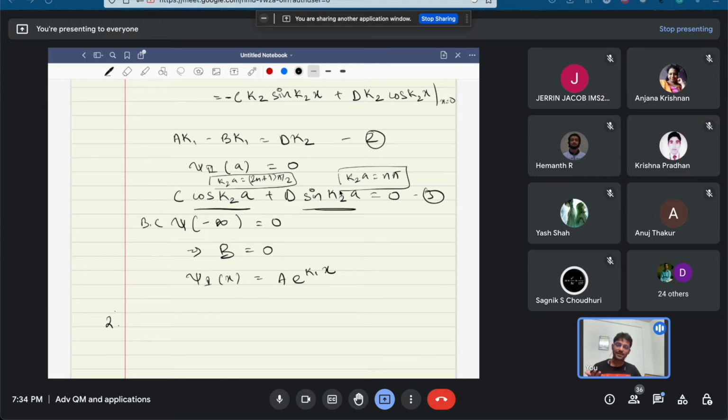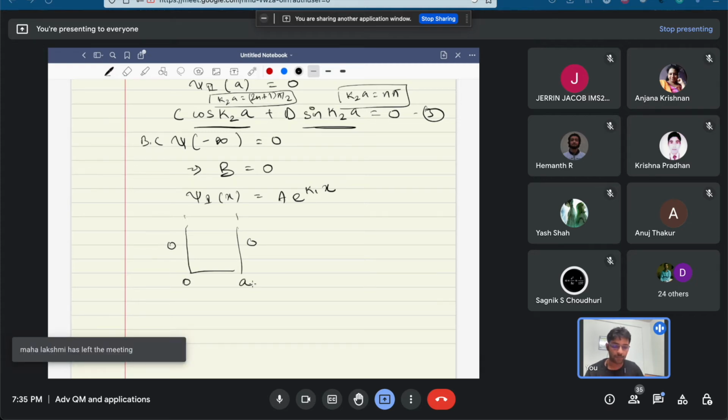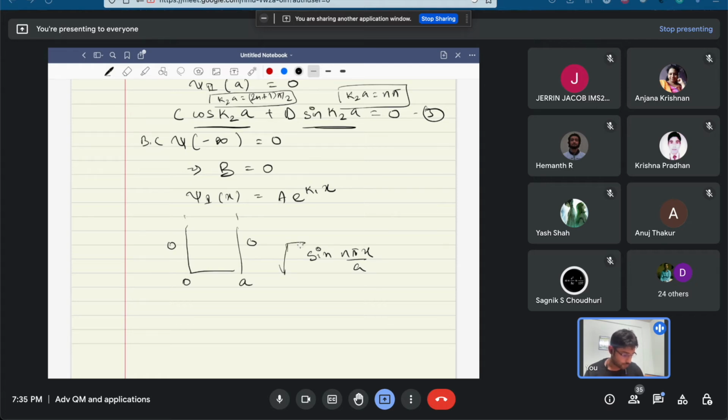But in some examples, let's say in the case of an infinite potential, on both sides you have a zero wave function. So at 0 it's 0, at a it's 0, and then you end up with something like sin(n pi x by a), with some root over coefficient.